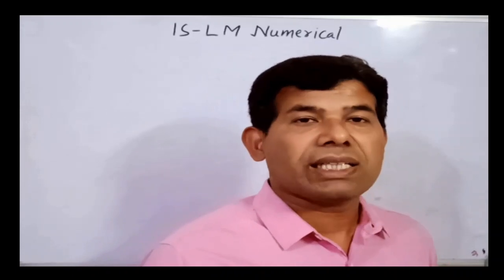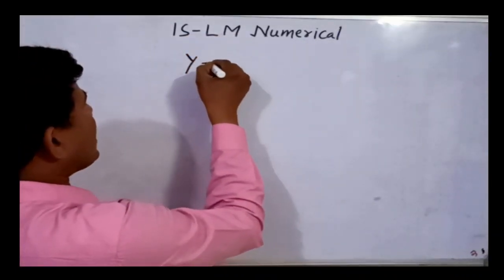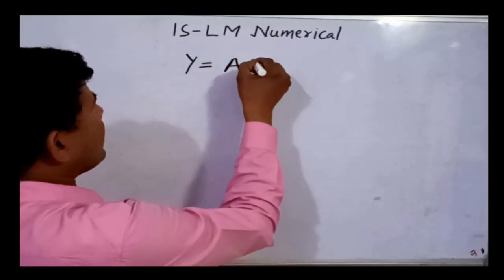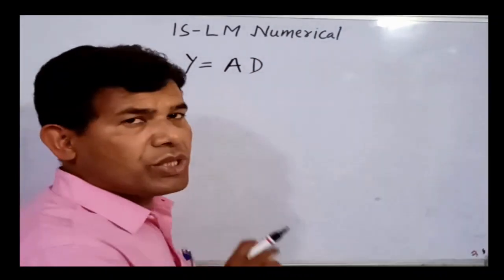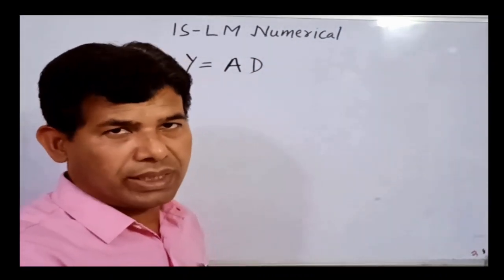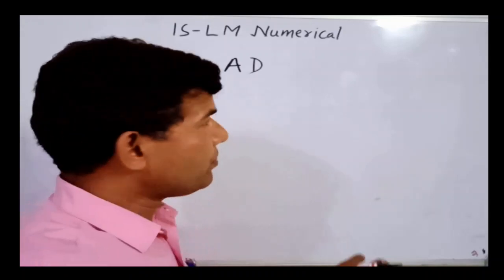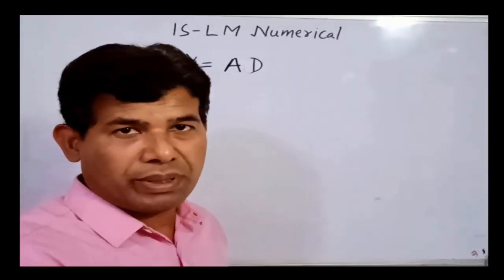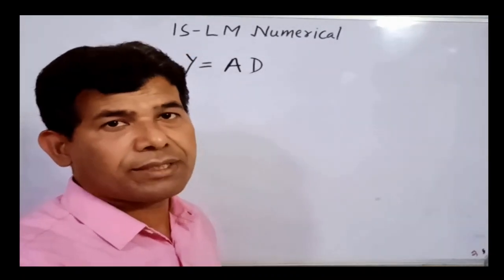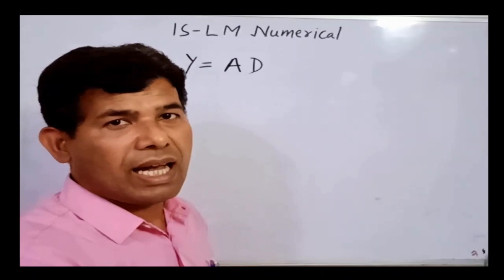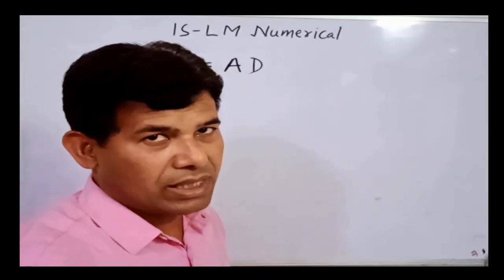The condition is Y = aggregate demand. We substitute all the components of aggregate demand given in the question in this condition of goods market equilibrium, and try to derive the IS equation.